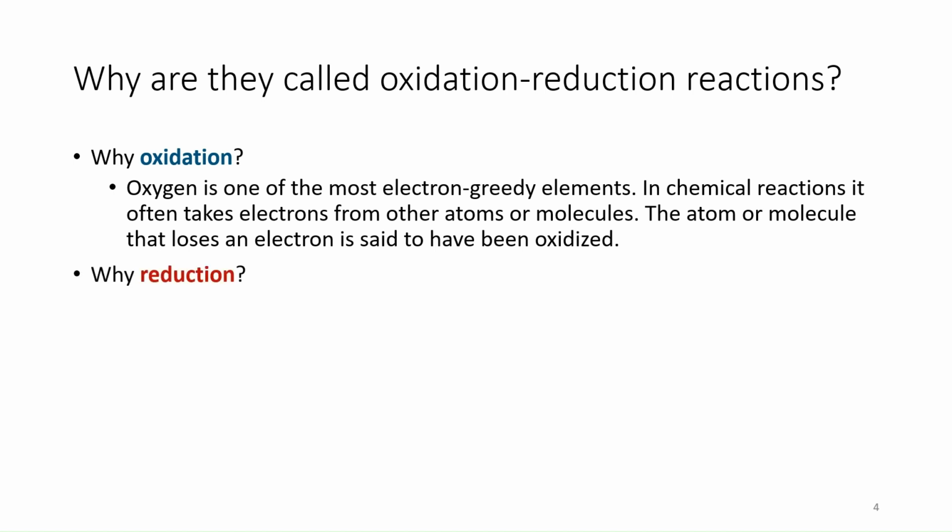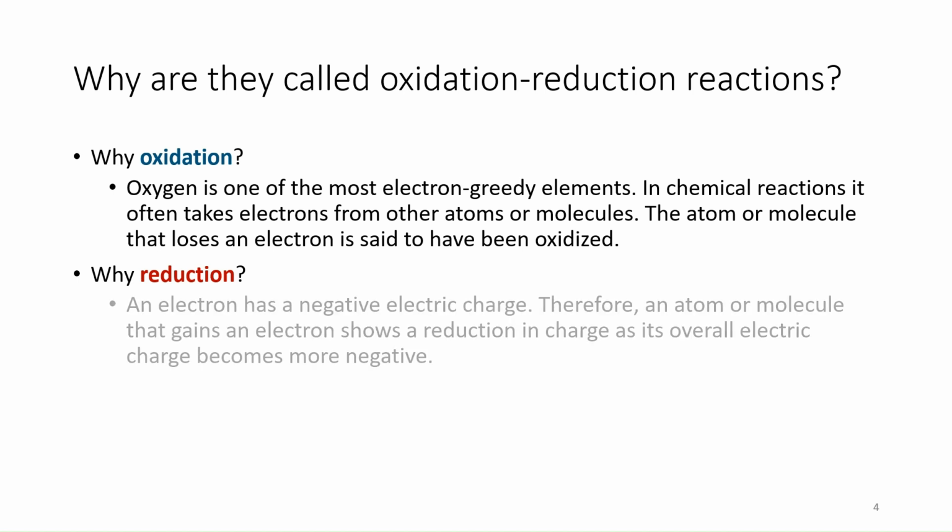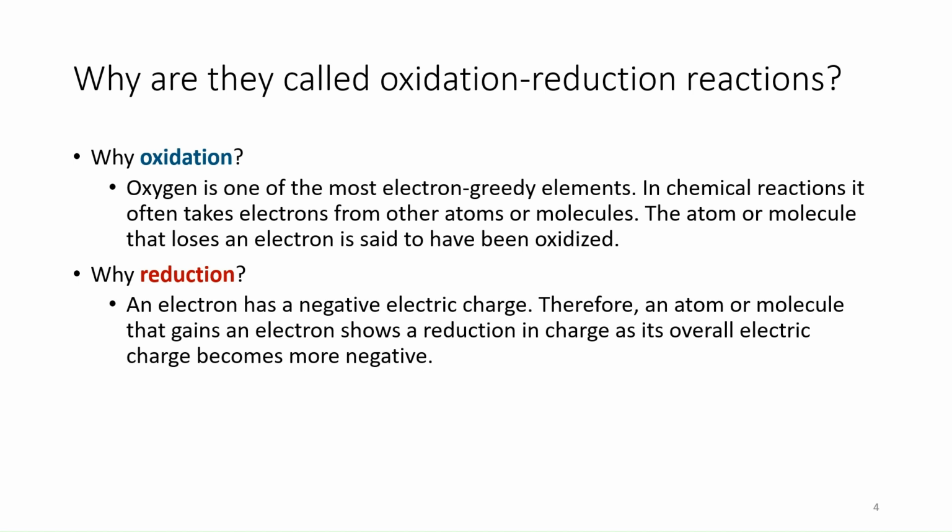Why reduction? Well, this is related to the charge that electrons have. If you recall, electrons are negatively charged particles, and therefore, when an atom or molecule gains an electron, this means that the charge becomes more negative, or it is reduced.